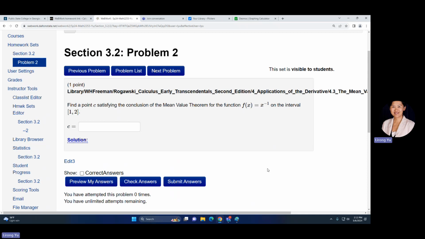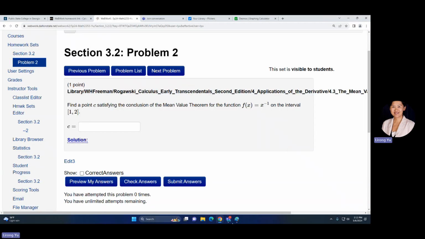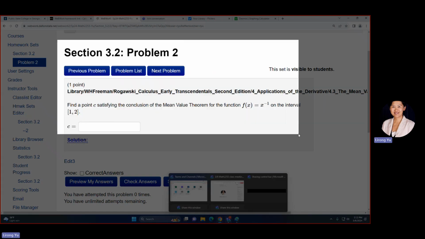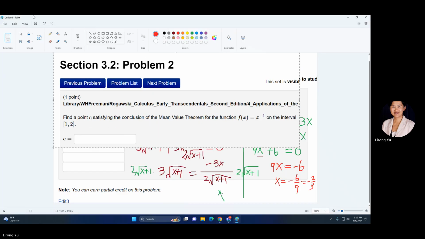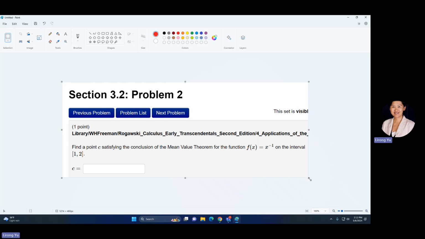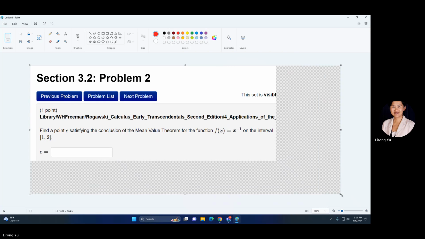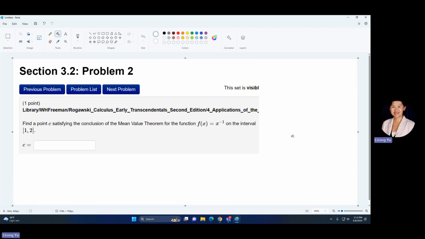It's the x to the negative 1 power. X to the negative 1 power is a fraction. Negative 1 power means negative 1 over x. So because of the division, we know that this function looks like this. 1 over x.